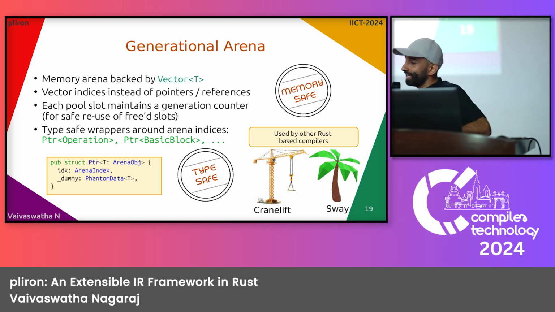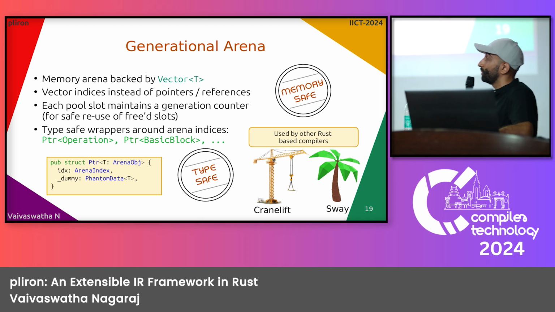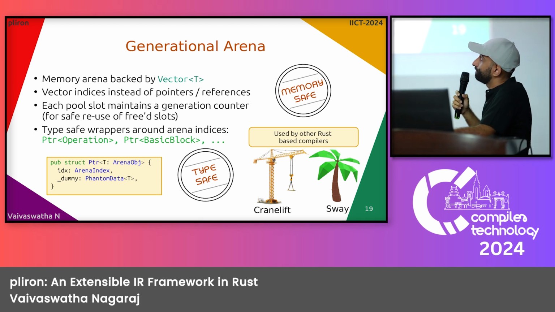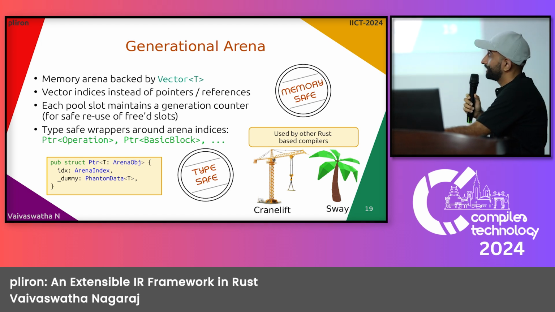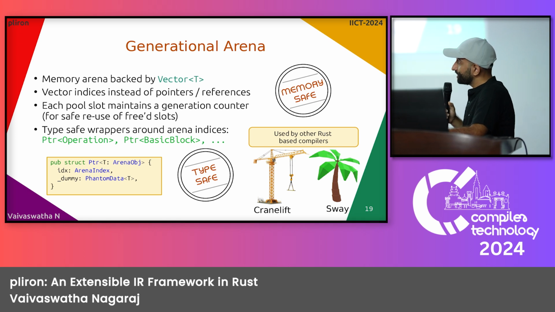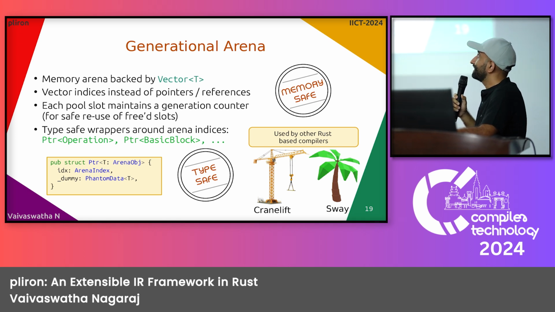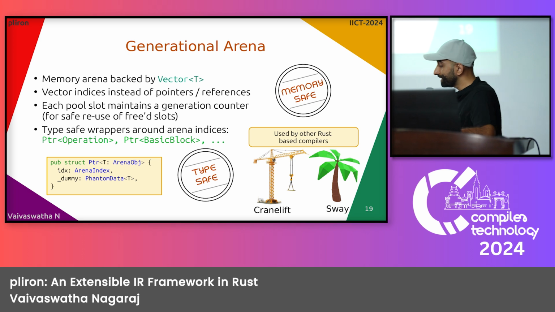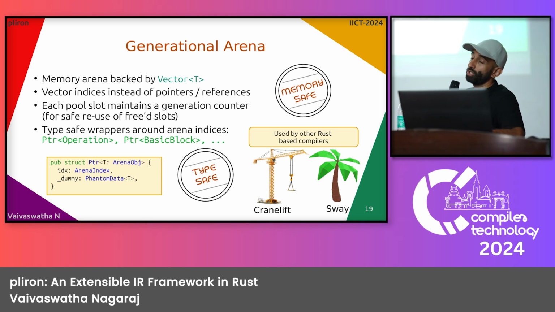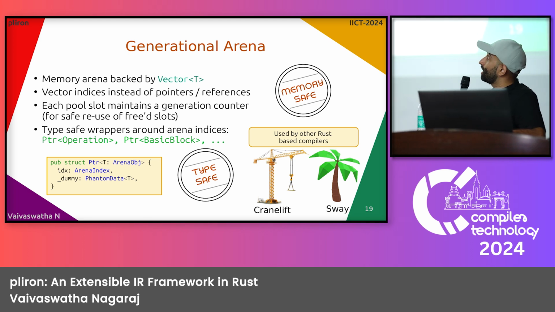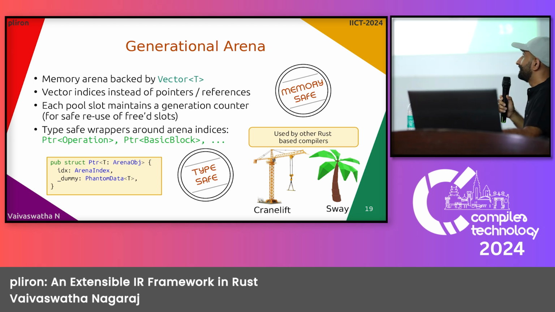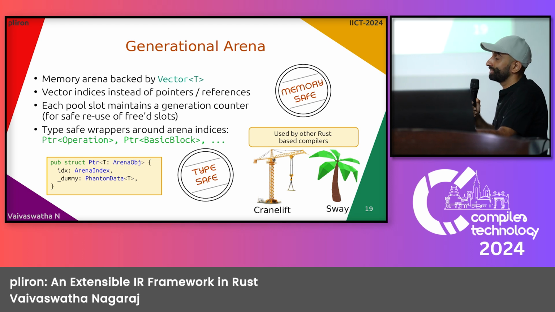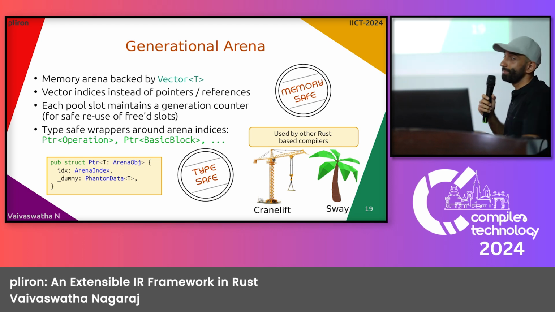A generational arena is really just a vector from which you allocate objects and free objects back to it. And instead of references or pointers, you just use vector indices. The additional memory safety that it provides is it maintains a generation counter for each array slot. And whenever you deallocate an object, that generation counter increases. So if you end up having a dangling pointer, or a dangling index in this case, it's just going to immediately panic.